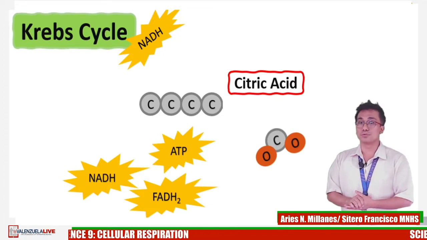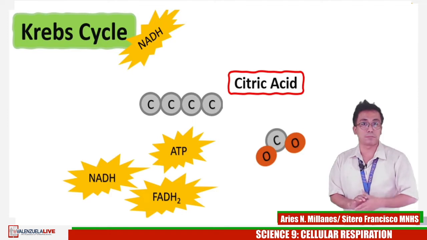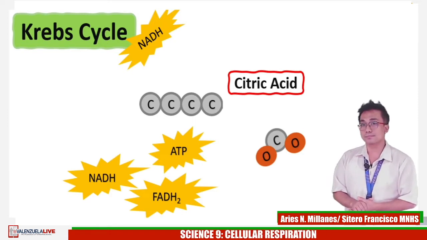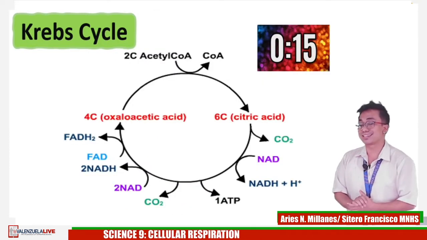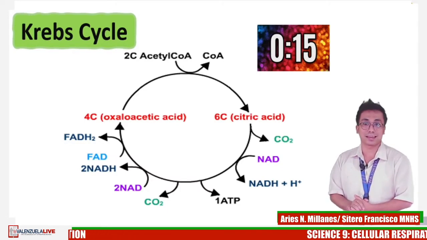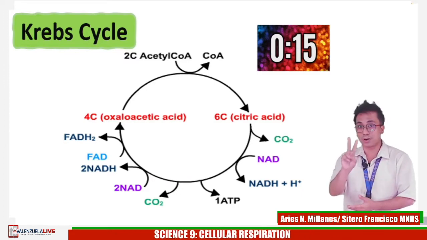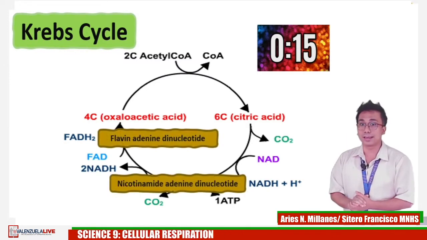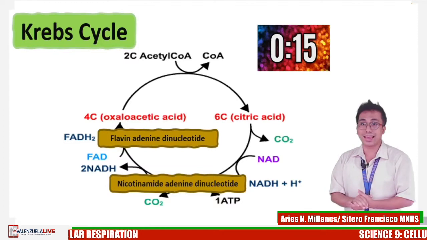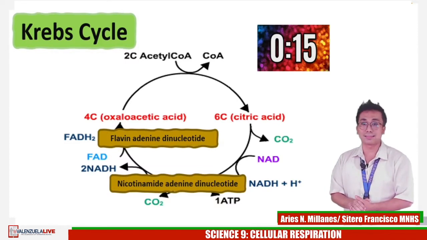We also produce 2 ATPs after 2 rounds of the Krebs cycle. This is how the cyclic pattern works in the Krebs cycle. Again, after 2 rounds in this stage, we gain 2 ATPs and the electron carriers FADH2 and NADH.